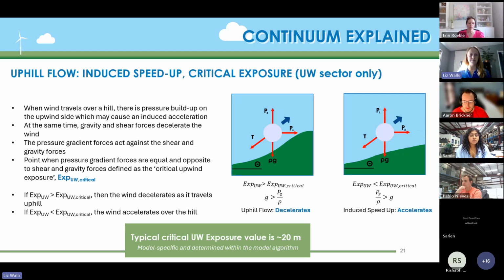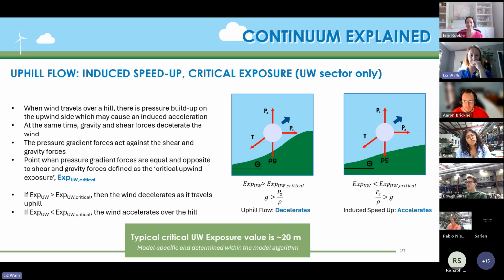And what that means is that if the upwind exposure at your site is larger than the critical upwind exposure, then that means... let's see here. Oh, I think we might have these backwards. We have gravity winds. Sorry, my bad.